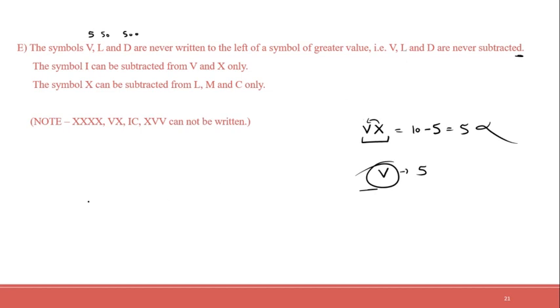Similarly, let's say I want to write 150. I can write 100 plus 50, because 50 is on the right. So we can write it as 150. This is correct. But if I write C, C and an L here, that means the first two carry the largest value, 100 and 100, and this carries 50 only.